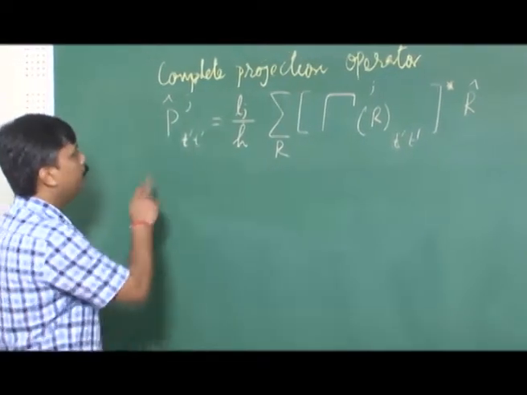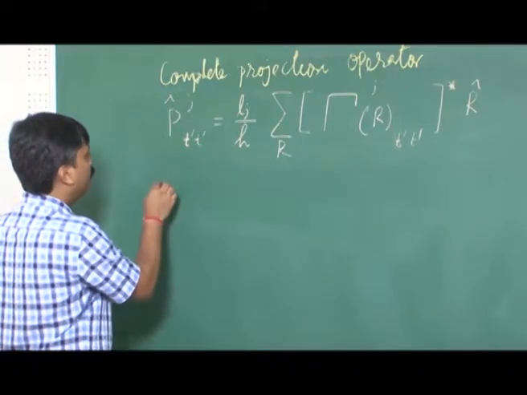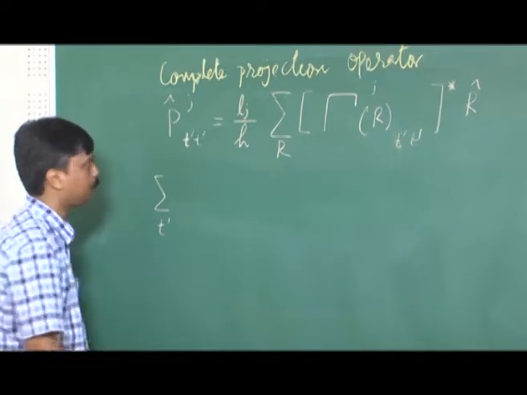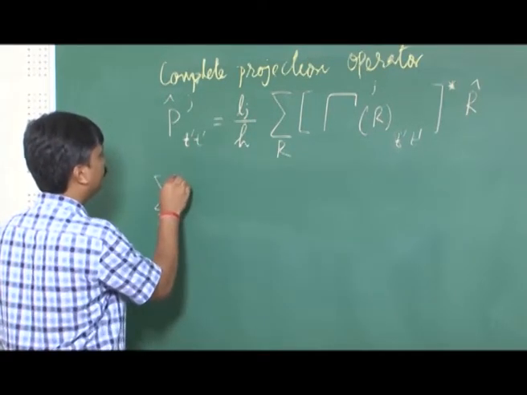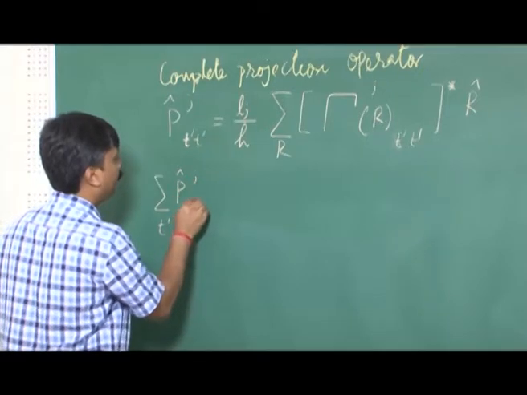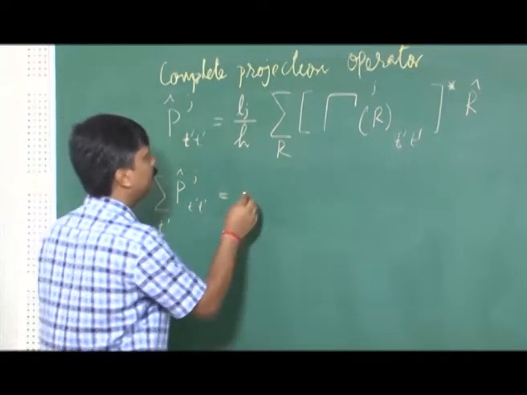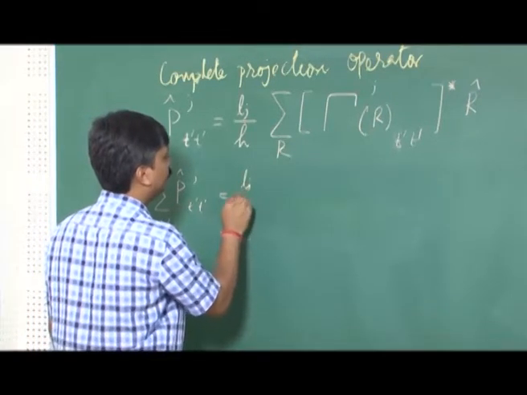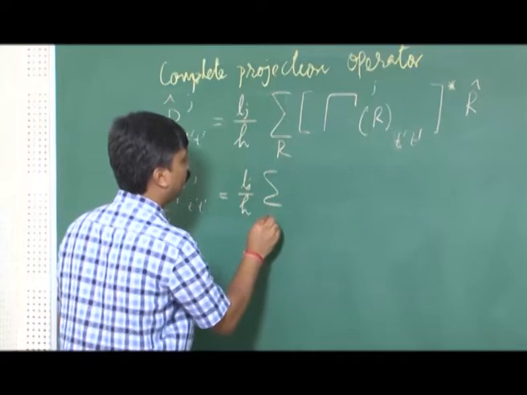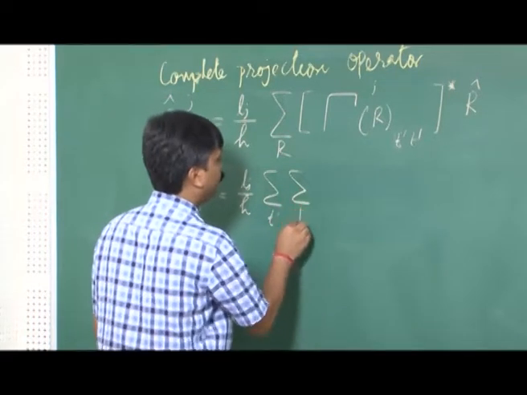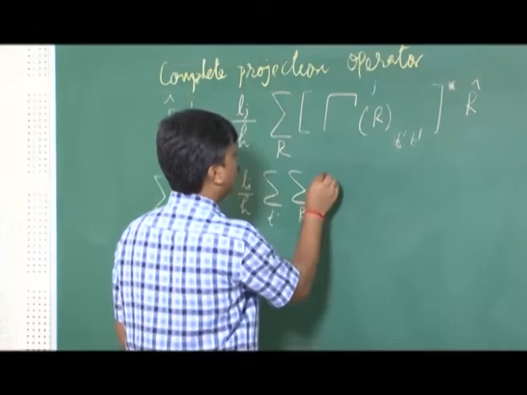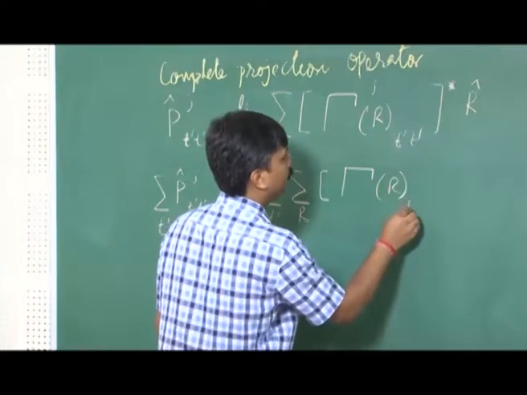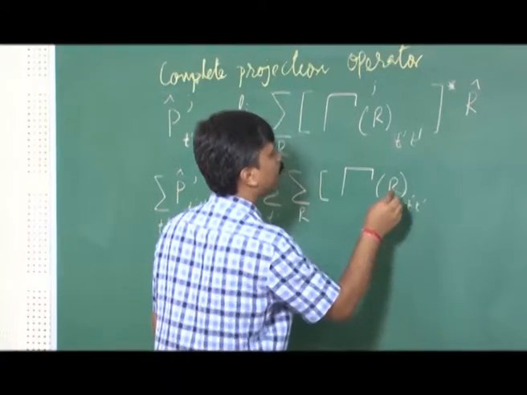So if you sum over both sides over the element T prime, you get this is equal to, you can take this one out, so Lj by H, and then you sum over T prime, and you already have a sum over R, and then you have the matrix elements, right?